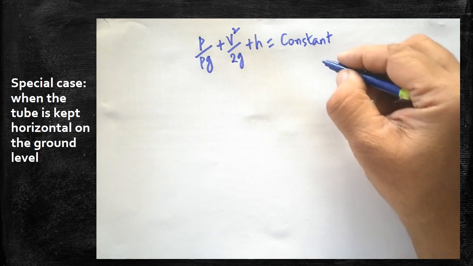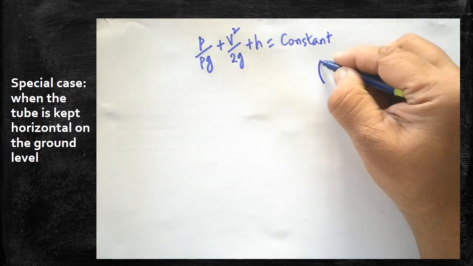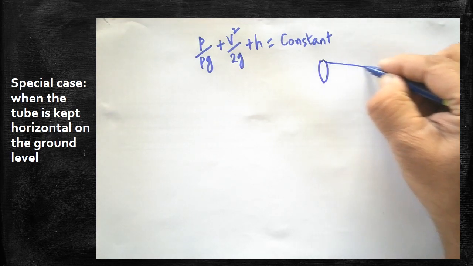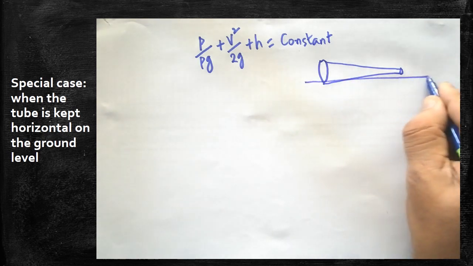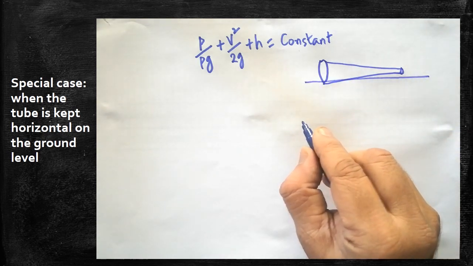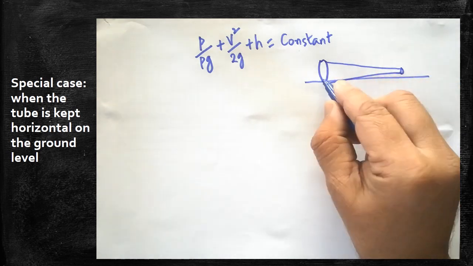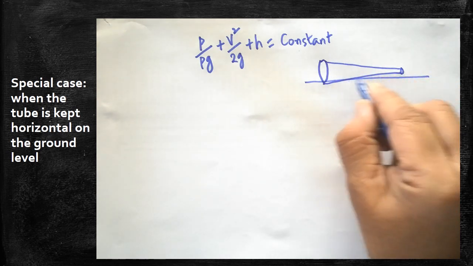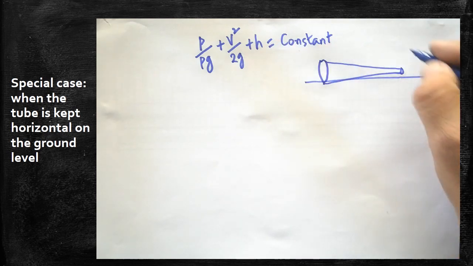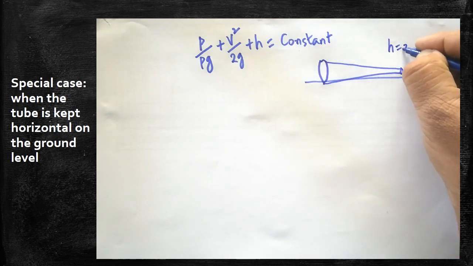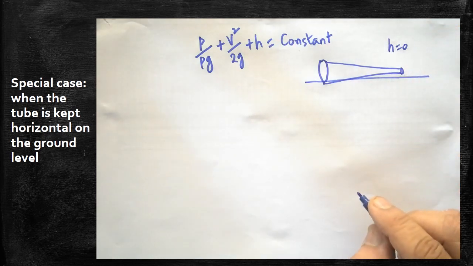Sometimes the pipe is kept horizontally on the ground level like this. It is kept on the surface itself. Therefore, both ends, A end and B end, are very close to the ground. So the height factor h becomes 0. This is one of the important cases.